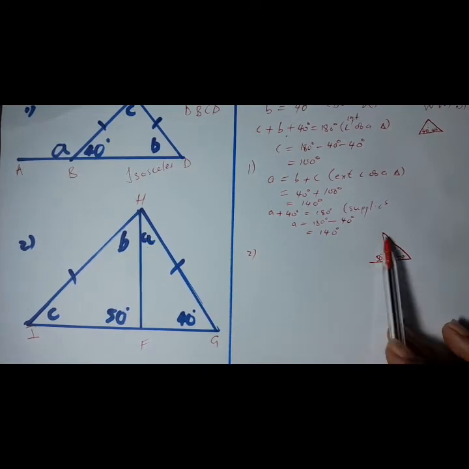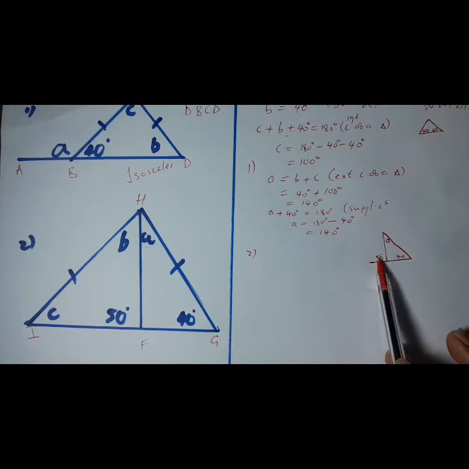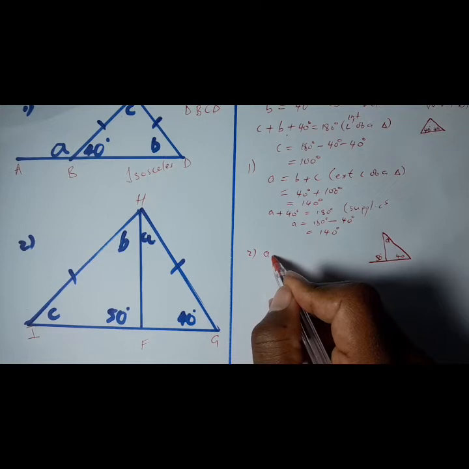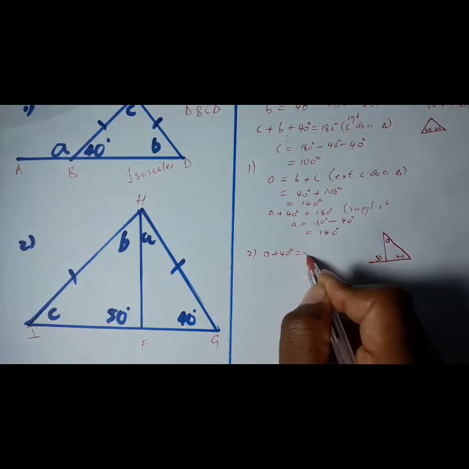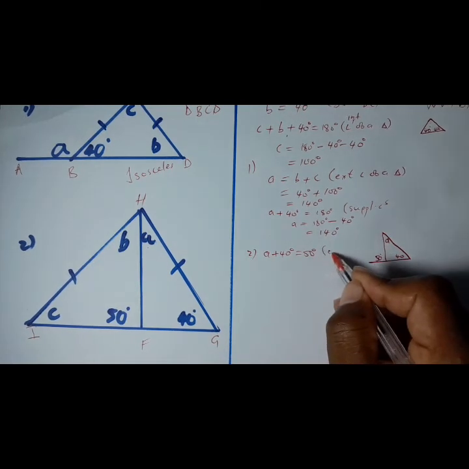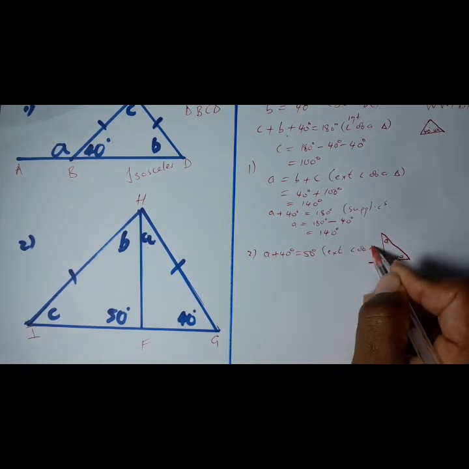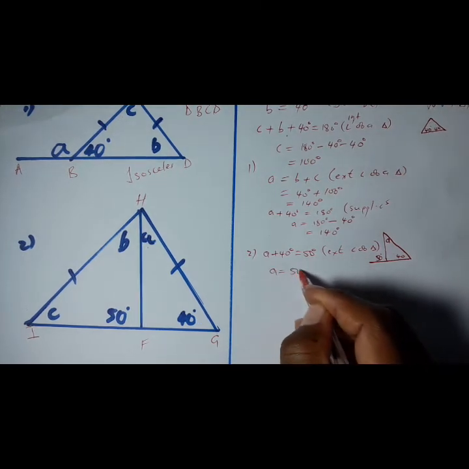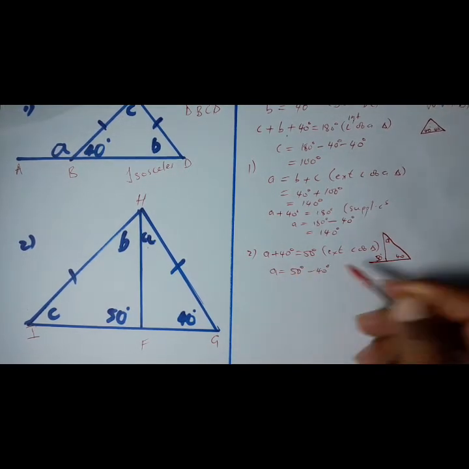This angle is exterior to this particular triangle. It's not inside this triangle, it's outside this triangle. Therefore, we can just say angle A plus angle 40 equals 50 degrees. Why? This is an exterior angle of a triangle. Then we can say A is equal to 50 degrees minus 40 degrees.